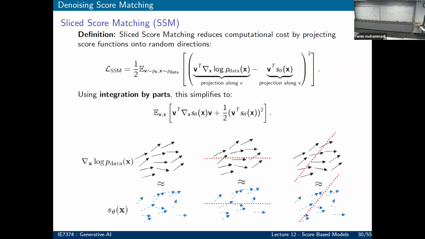So we bring a vector v, some random vector, the red one, and project both of those onto that vector, to a lower dimension. Then we compare them on that new projection line to make it cheaper and easier. So you have this vector field, the real vector field, and this is your score function, right?